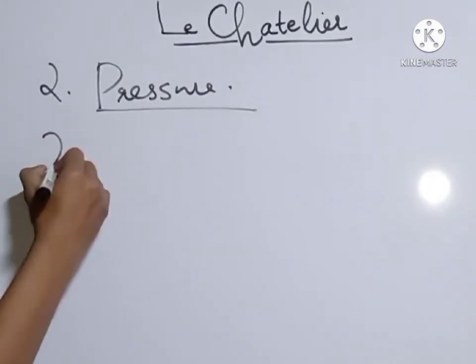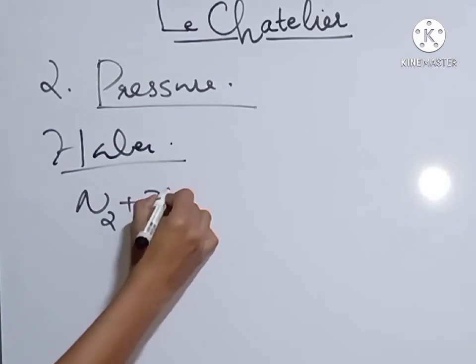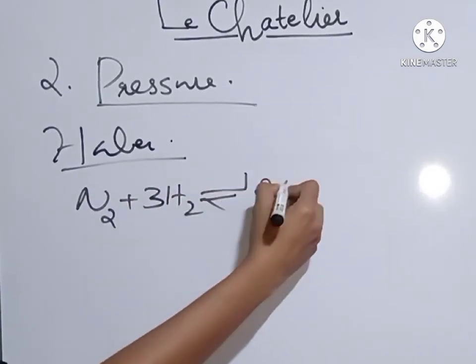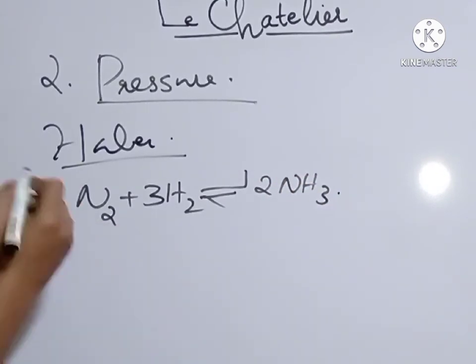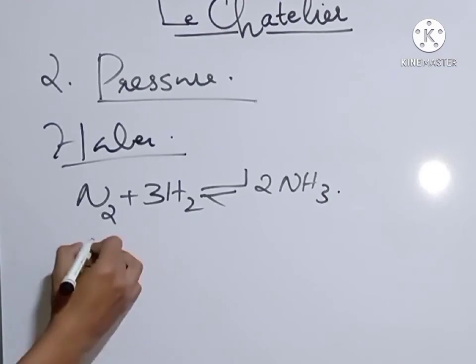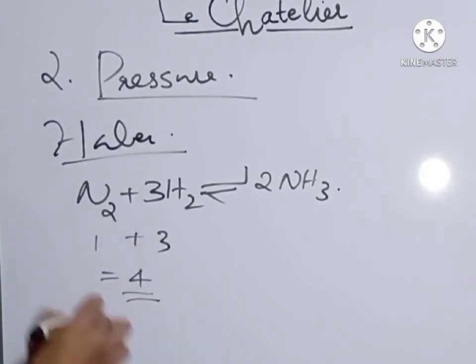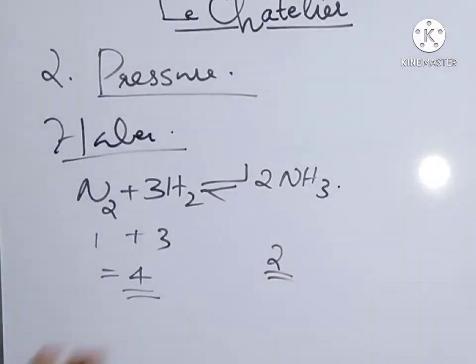For example, in the case of the Haber process, the reaction is N2 plus 3H2 reversibly gives 2NH3. Here, the number of moles on the reactant side is 1 plus 3, that is 4, and on the product side it is 2.